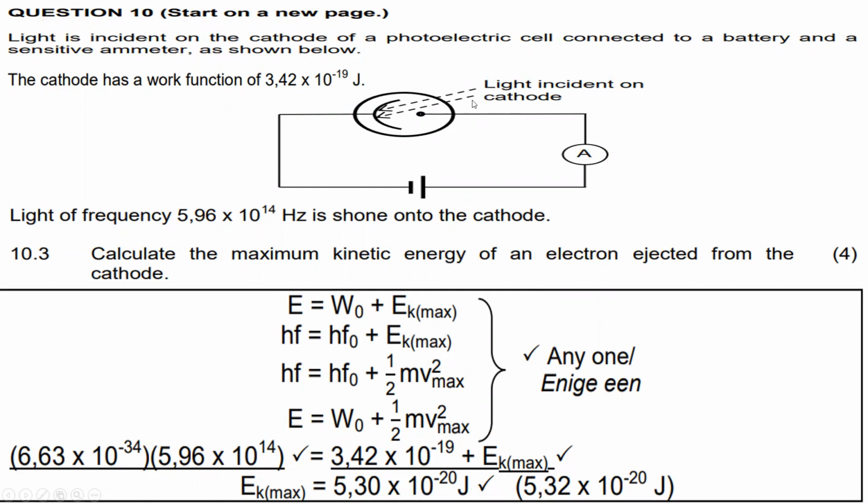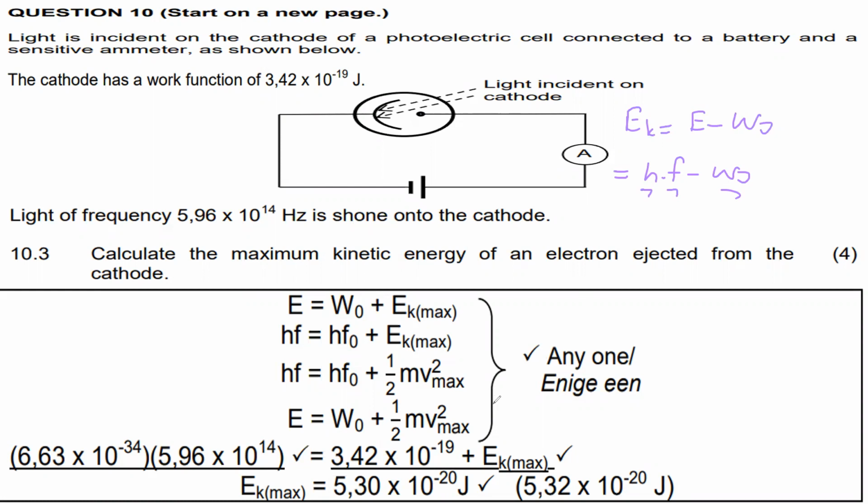But if you use this way, it's much easier. Like this, EK equals E minus work function, so h times f minus work function. You can just calculate: h we know, f we know, work function we know, and then you calculate the kinetic energy. Done.